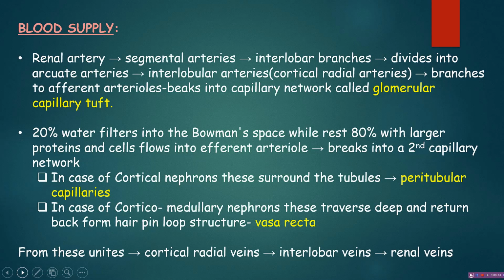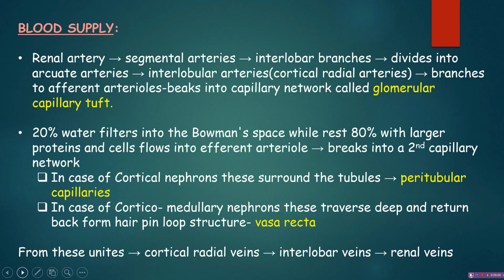Now, the arcuate arteries continue dividing into the interlobular arteries, which are called the cortical radial arteries. These branch into the afferent arterioles, which break into the capillary network, which is called the glomerular capillary tuft, as we have already seen.